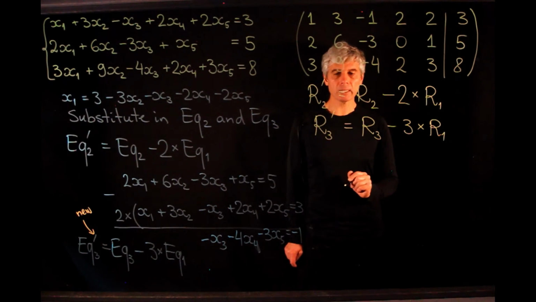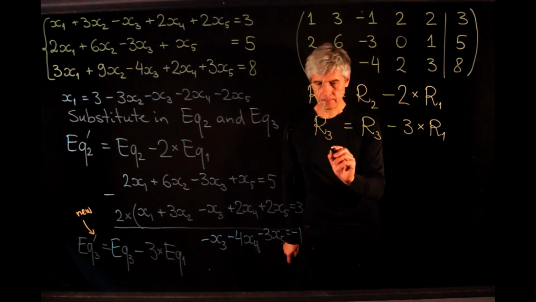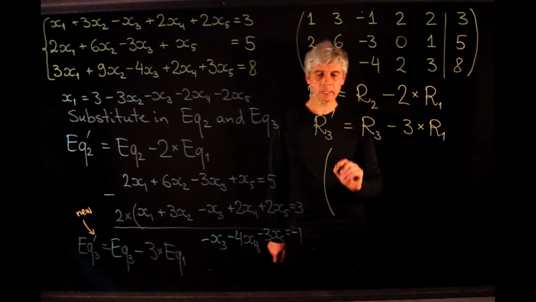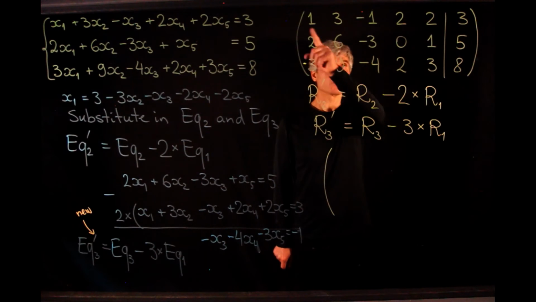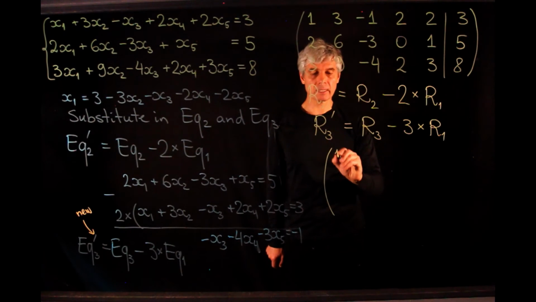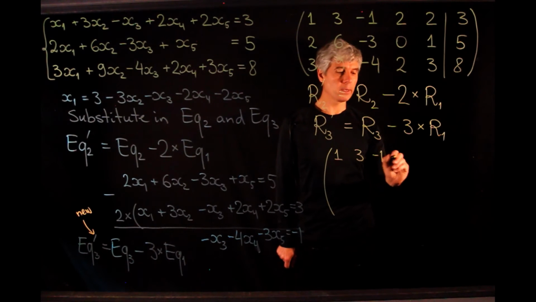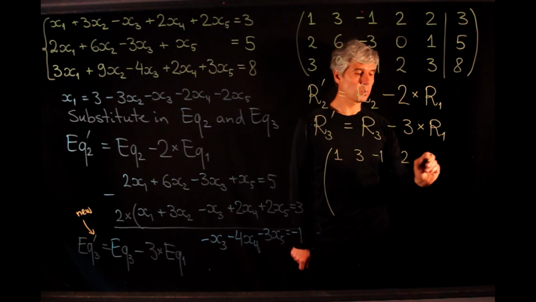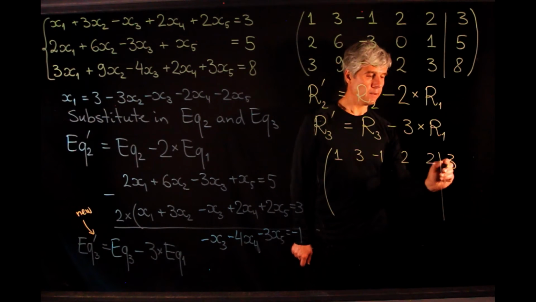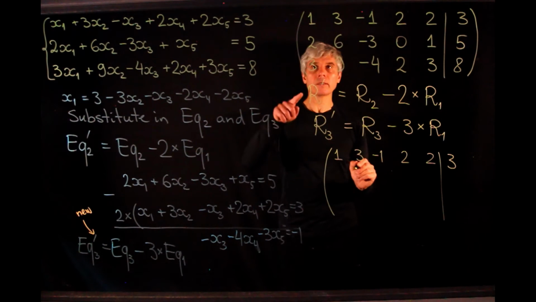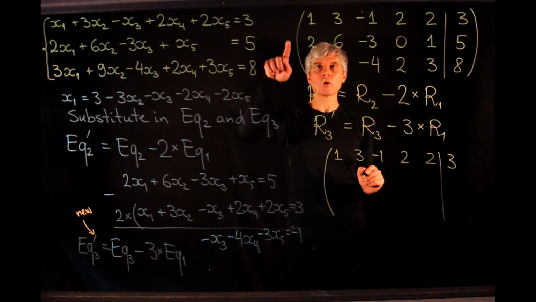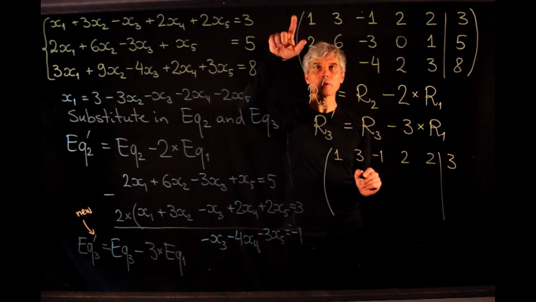So what is the resulting matrix that we get? The resulting matrix will be like this. The first row stays the same: 1, 3, minus 1, 2, 2, 3. And then we take row 2 and subtract 2 times row 1.